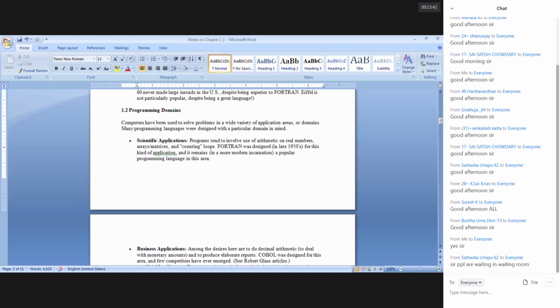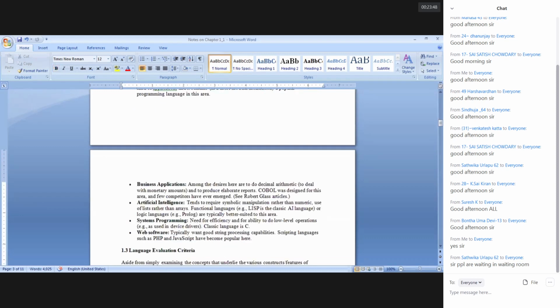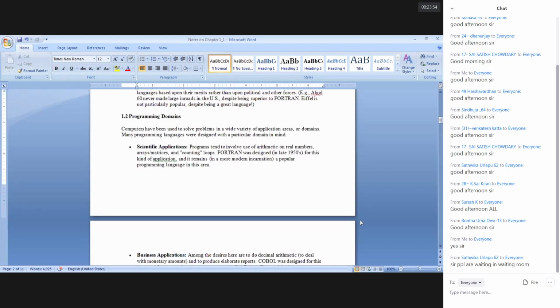Those groups are scientific group, business group, system related groups, web applications, artificial intelligence, like that. So a wide variety of application areas are domains. Many programming languages were designed with a particular domain in mind.